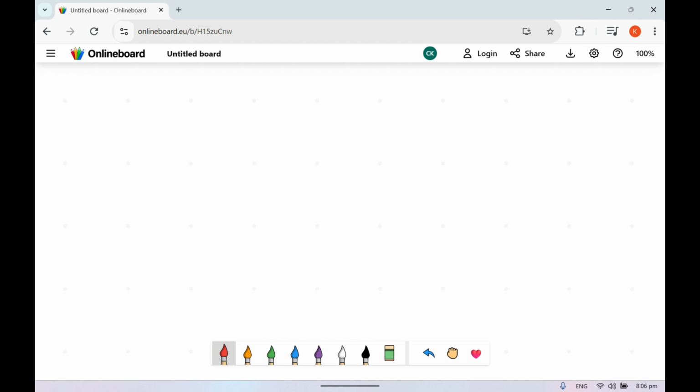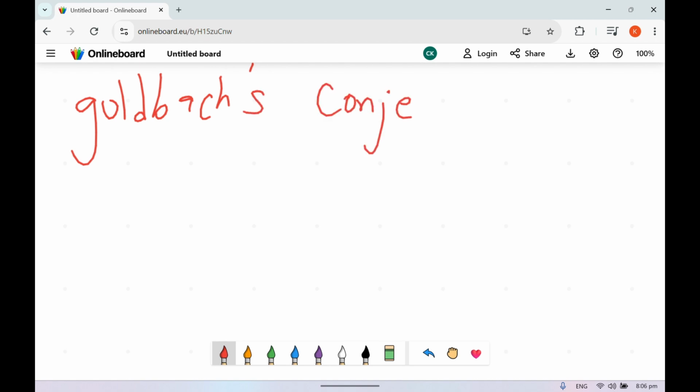Okay, I'm going to talk about Goldbach's conjecture. I don't know how to pronounce Goldbach, but I don't really care about the names.